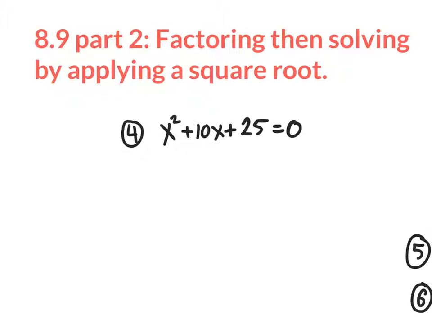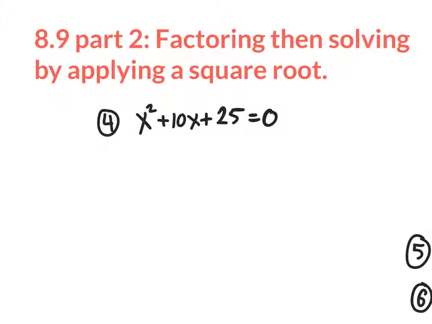Copy this one down. We have x squared plus 10x plus 25 equals 0. Now, we know that the a value is 1, so we could think parenthesis, x, and then think what times what is 25, that if you add together is 10. Or you could do what we were doing in this section.